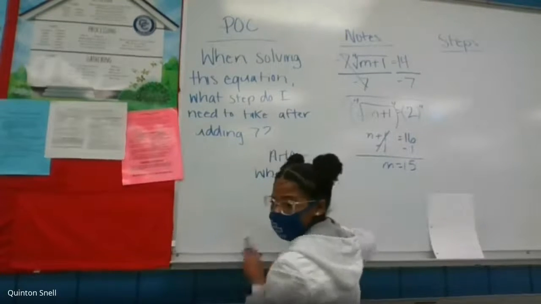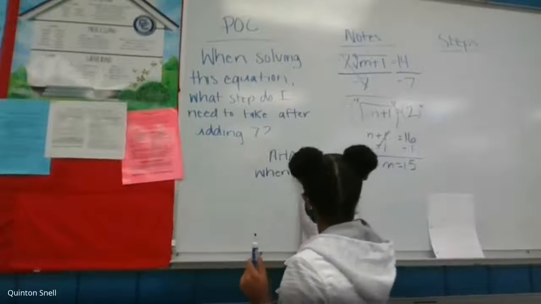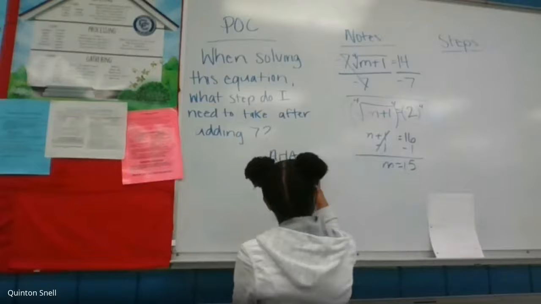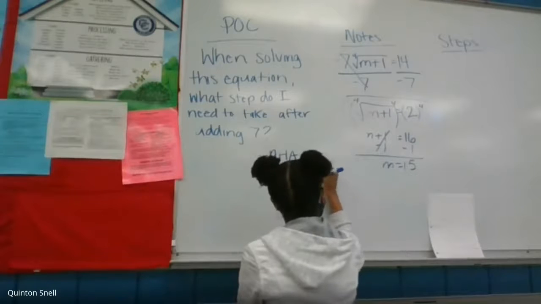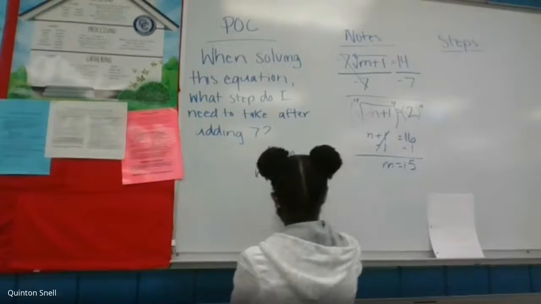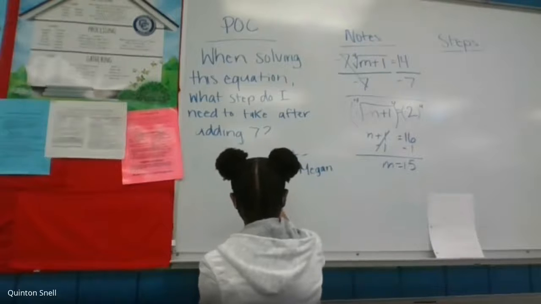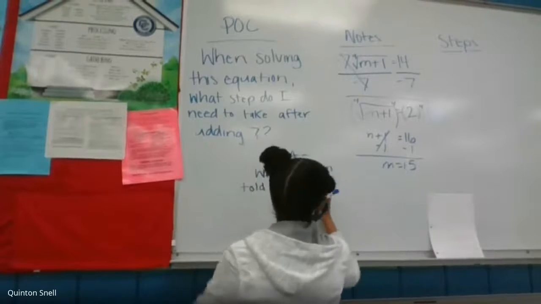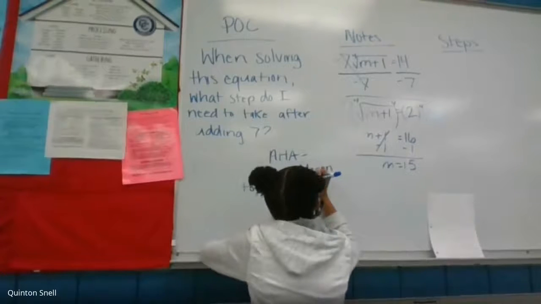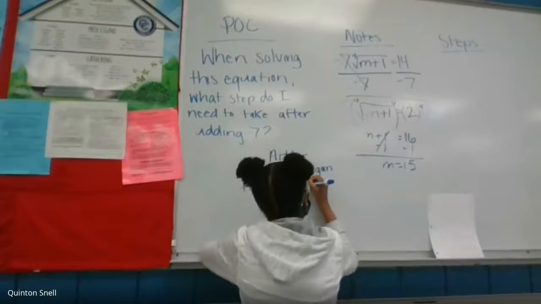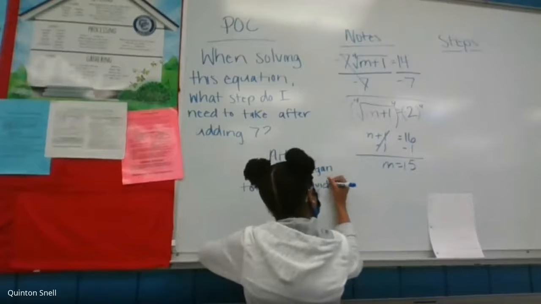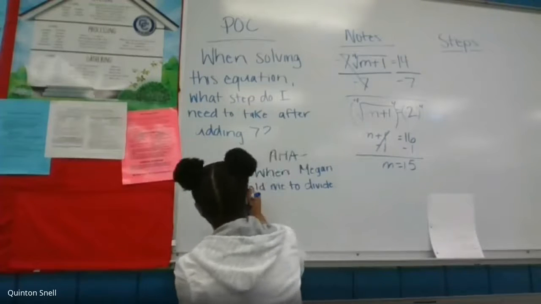Does anyone have any questions about how we did this? Okay. Oh, I got lost when y'all was doing all that. Oh, okay. I'm so sorry for going too fast. So basically this is breaking down that radical and then plugging it in.